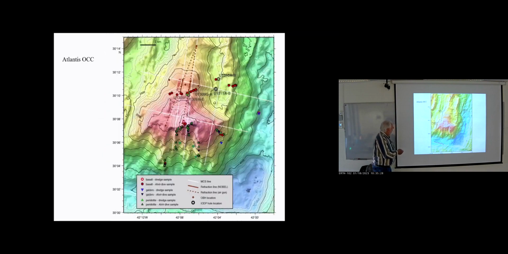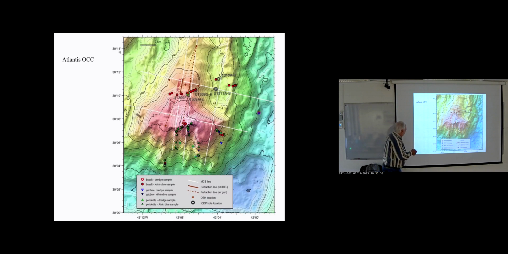And this is a more detailed map, and they were doing seismology in this area, where these upside down purple triangles are the seismograph stations. There are several.